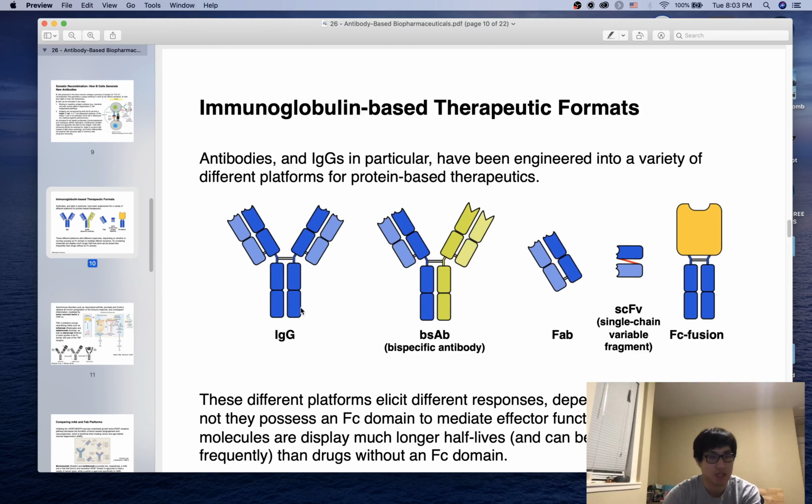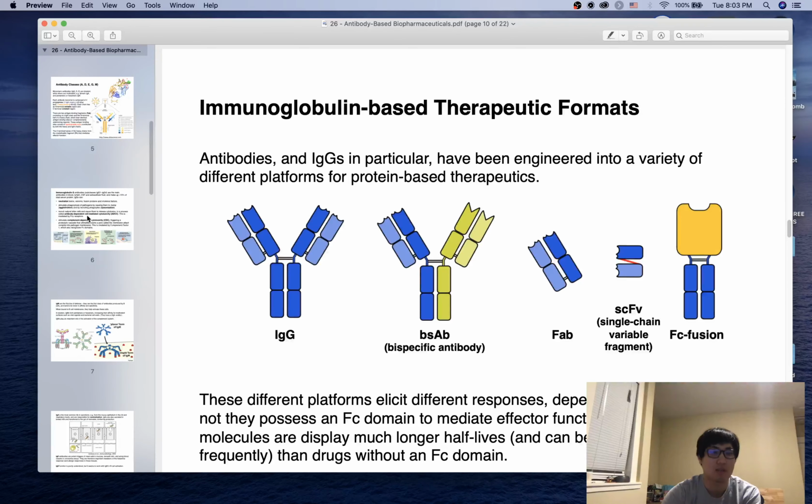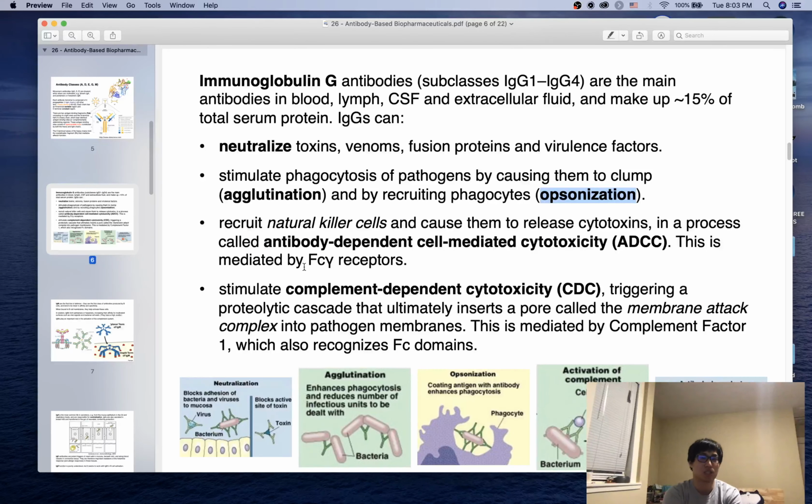Sometimes we want the entire IgG, or sometimes only the upper part called Fab prime, because of the action of the antibody.